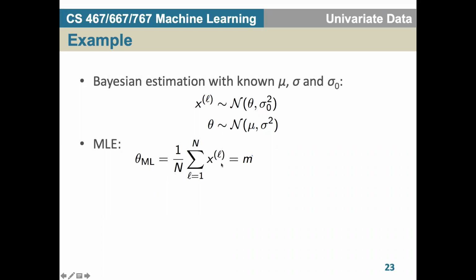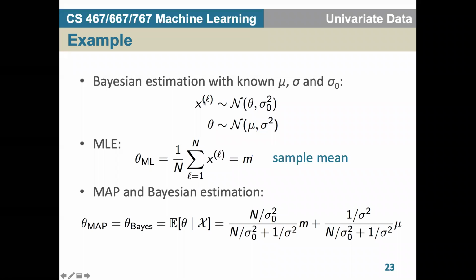Finally, we showed that the most likely point is the average point of all the data samples you see here, the sample mean. But if you think about the MAP, in that case, actually, it will be a little different.